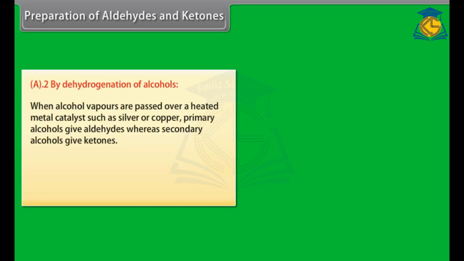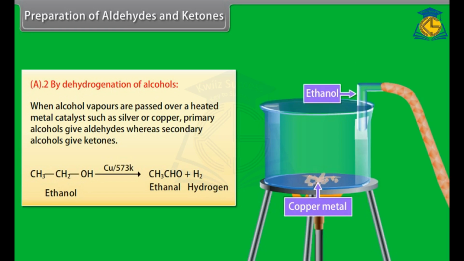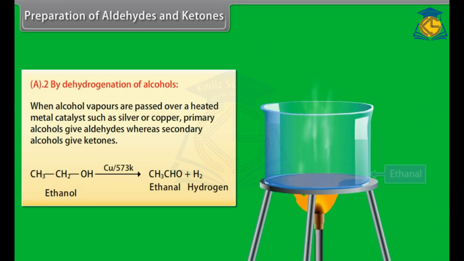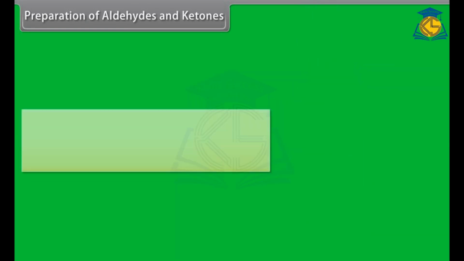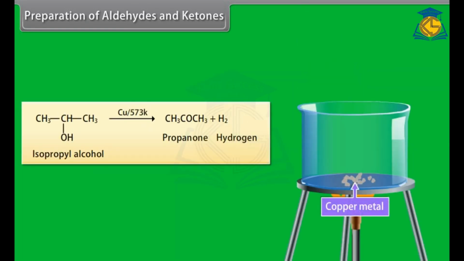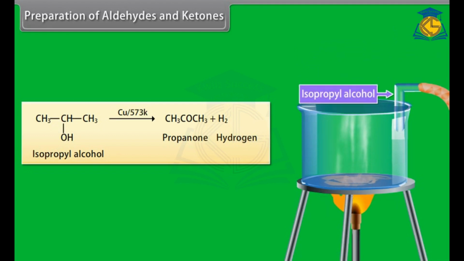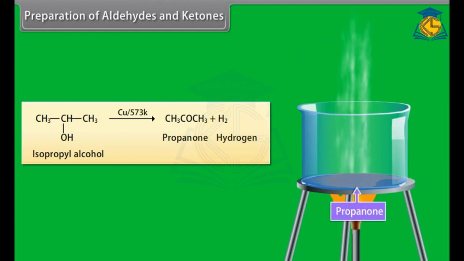When alcohol vapors are passed over a heated metal catalyst such as silver or copper, primary alcohols give aldehydes whereas secondary alcohols give ketones. When vapors of ethanol are passed over copper, then ethanal is formed and hydrogen gas is released. When vapors of isopropyl alcohol are passed over copper, then propanone is formed and hydrogen gas is released.